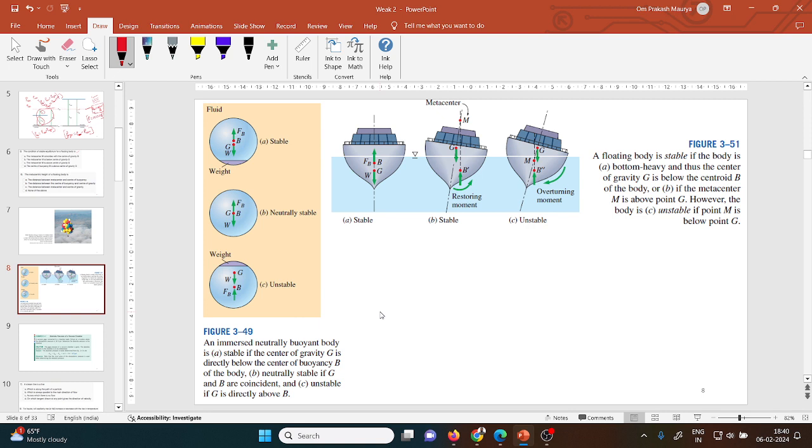Let us suppose this is the floating body. Here there are three bodies. One is in the stable condition, this is also stable, this is also stable, and this one is unstable.